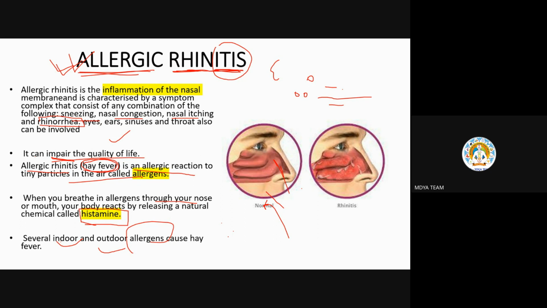Normal cold also happens to everyone, right? Some people get it year to year, some every 6 months, some every month, some within 3 months. It depends on the bodily conditions. If someone is not getting a normal cold easily, it doesn't mean that he will not get allergic rhinitis.